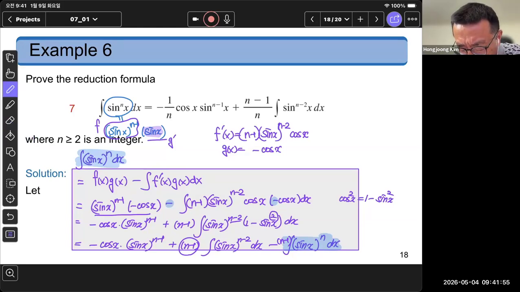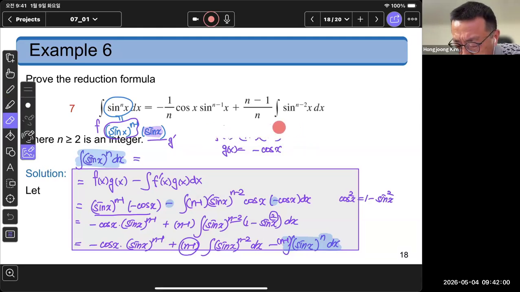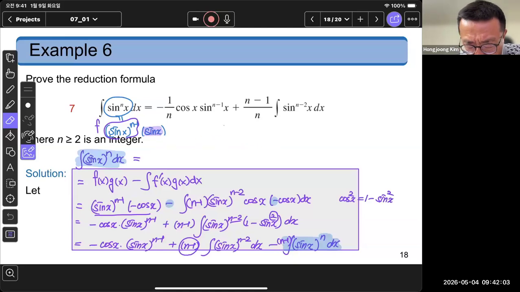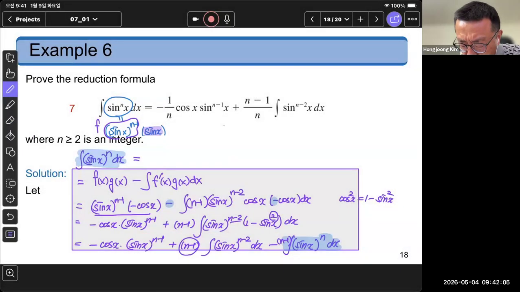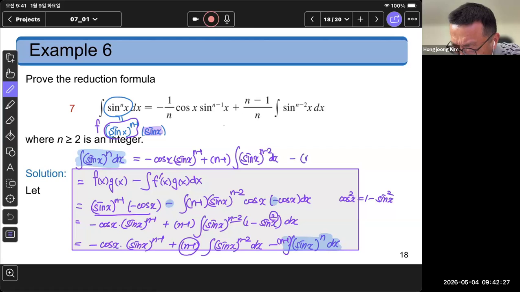So I wanted to compute this term. The integration by parts shows that if you do the calculation, you get negative cosine x times sine x to the n minus 1 plus n minus 1 times sine x to the n minus 2 dx minus n minus 1 times sine x to the nth dx.